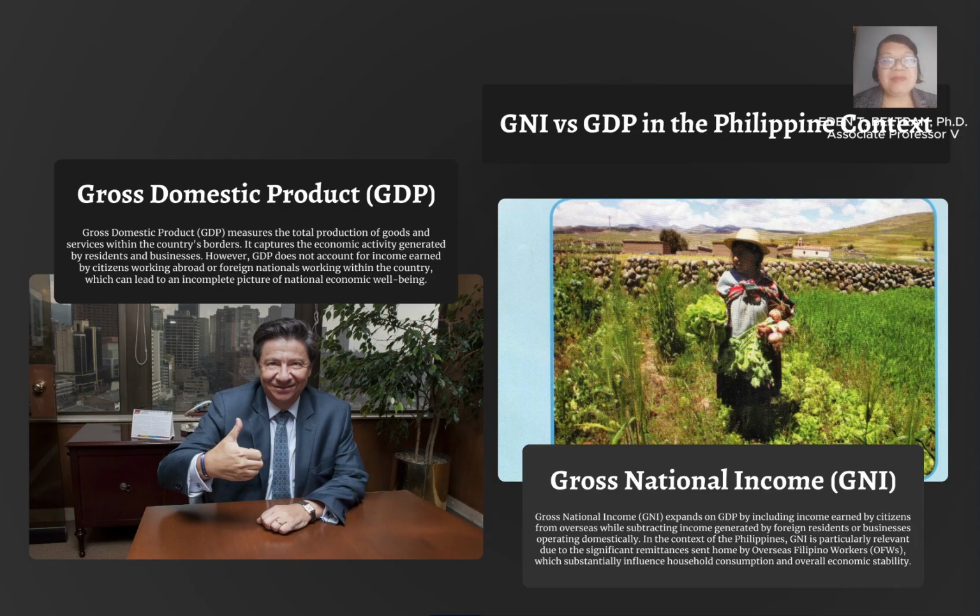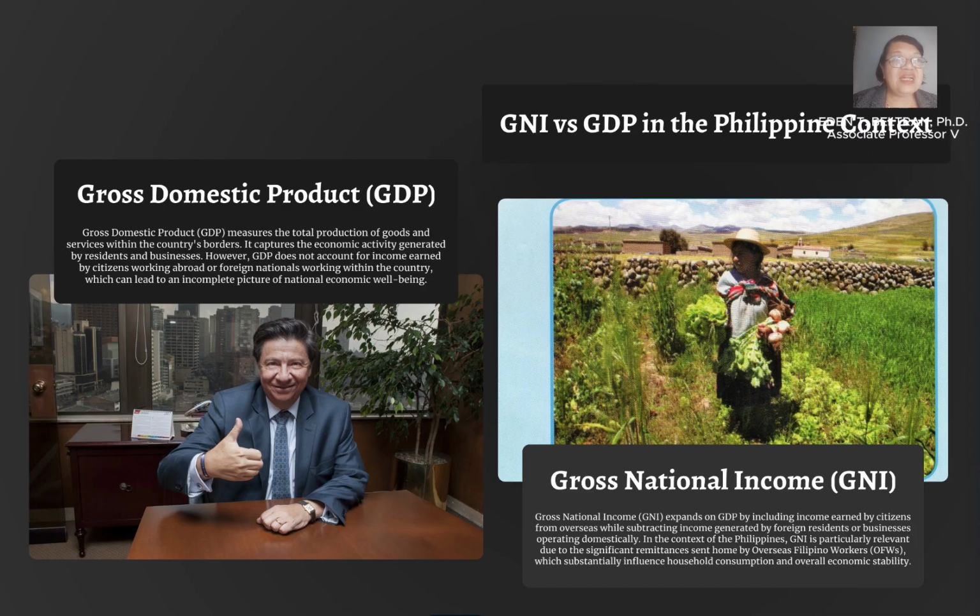And OFWs have to leave their families, and these are social costs. And of course, ultimately, there is weak domestic job creation. That is a reflection of the GNI.